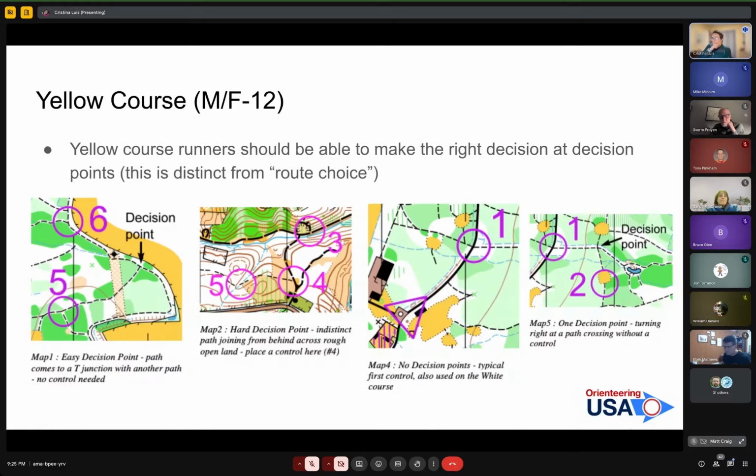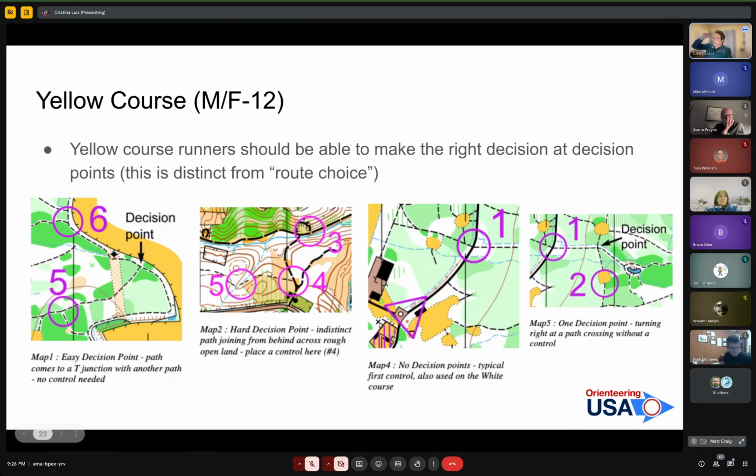So I'm making a distinction up here: knowing that you need to make a decision is different than a route choice, right? When you have controls like this, there may be a possibility for taking a shortcut, right? This is 5 to 6 on this map, which doesn't look like very much fun, but sure.